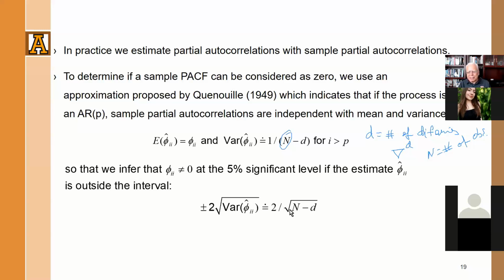That's how we take 2 times the standard deviation to compute a 95% confidence interval, given that the model is an AR(P). If it's an AR1, then starting from lag 2 and on, those bands represent the confidence interval for the partial autocorrelation of lag 2, given that it's an AR1 model, and so on. That's why we use those bands to determine which sample partial autocorrelations are significantly different from zero.